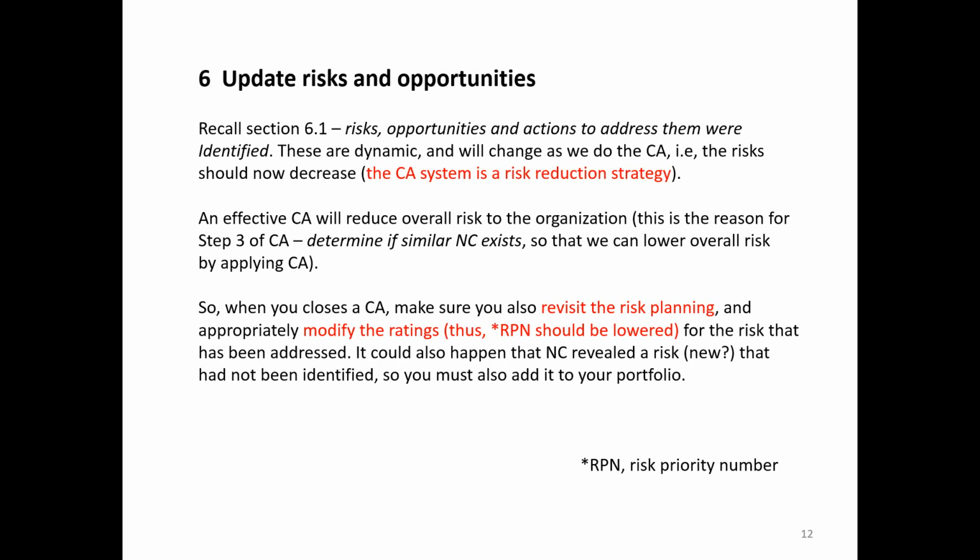Sometimes you discover perhaps a new risk after addressing this new CA, corrective action. Then you discover a new risk, or the NC itself reveals a new risk. Therefore, you now have to go back to your risk planning and update the portfolio of risks.